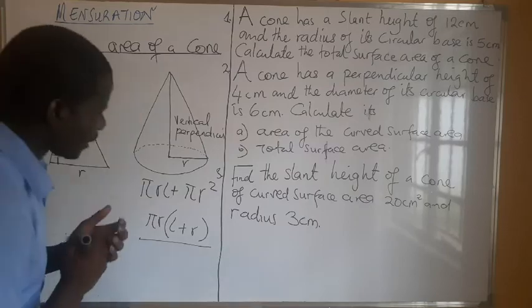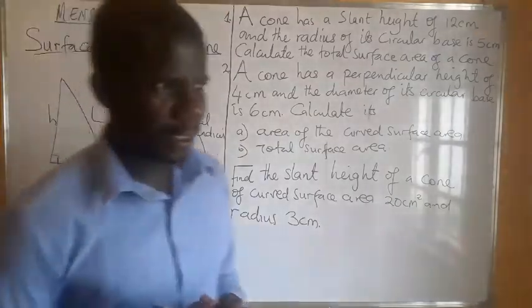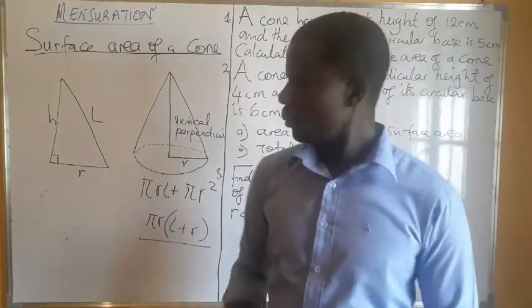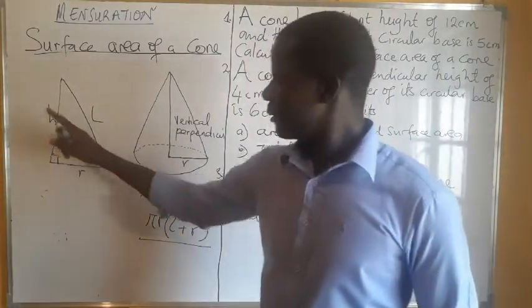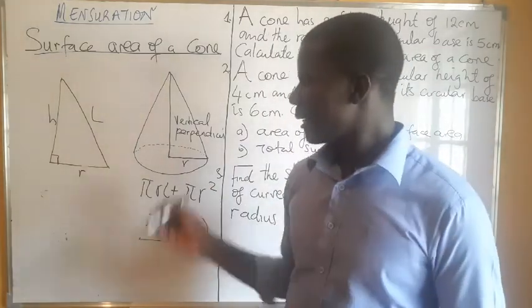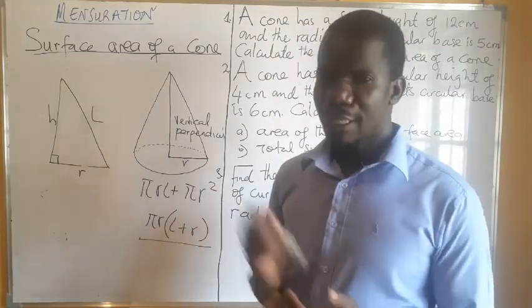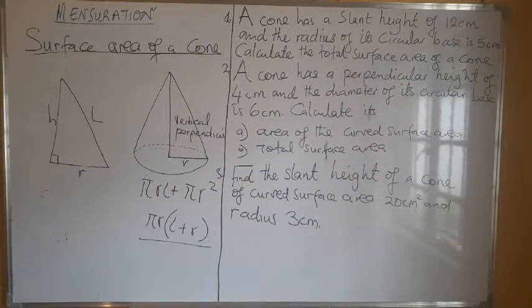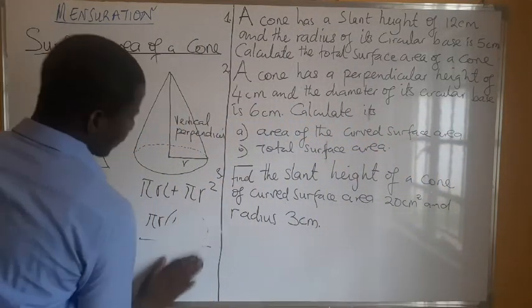But what we need in the formula is the slant height. So we should use the vertical height or perpendicular height as well as the radius to find the slant height. And we are going to use the Pythagoras theorem. Okay, so let's begin to look at the examples without wasting time.